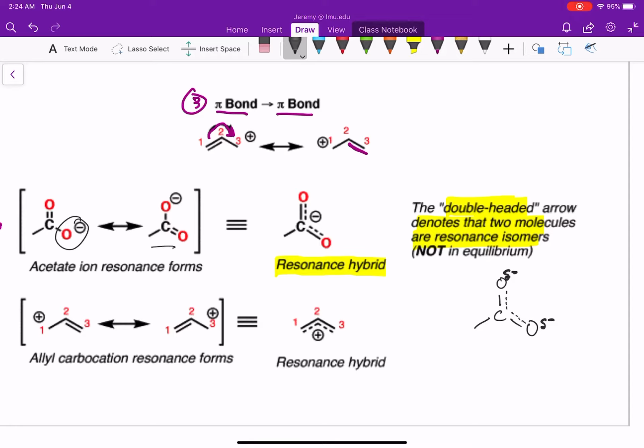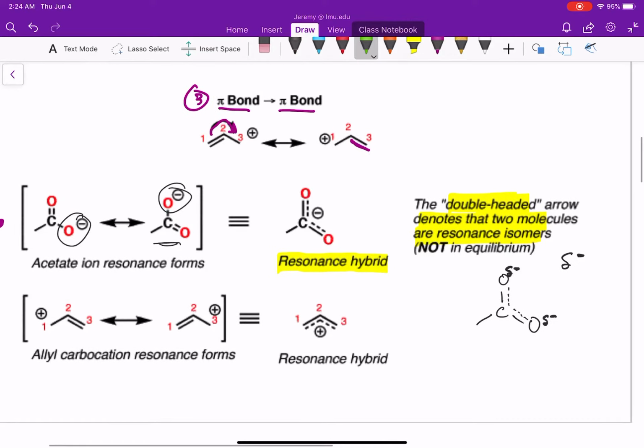In the resonance structure on the right, the O on the top does. So we can designate that by writing a partial negative. So I'm writing a lowercase delta and a negative, okay? And this lowercase delta means that we have a partial negative charge, right? So I put a partial negative on the O on the top, a partial negative on the O on the right, and this is our resonance hybrid, all right?